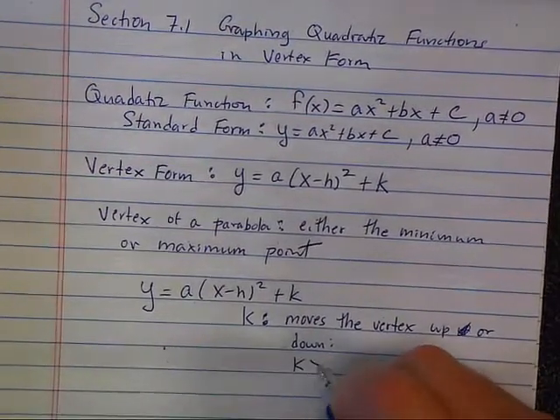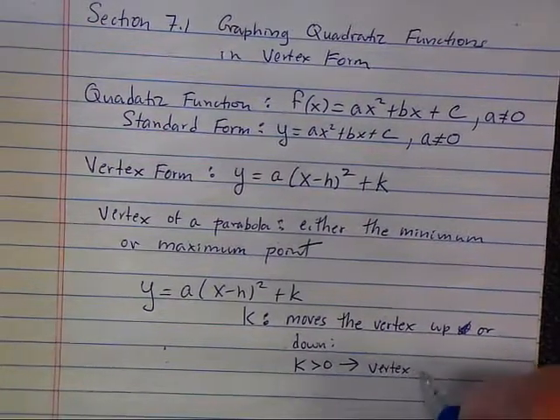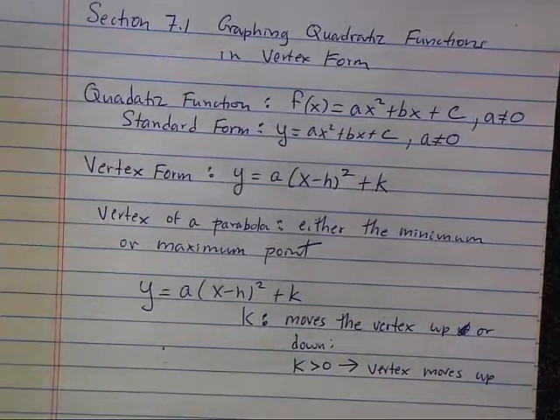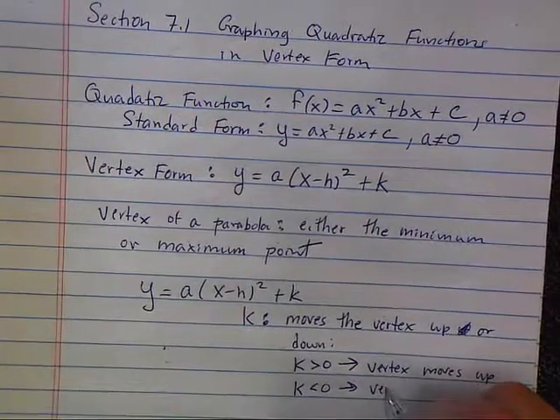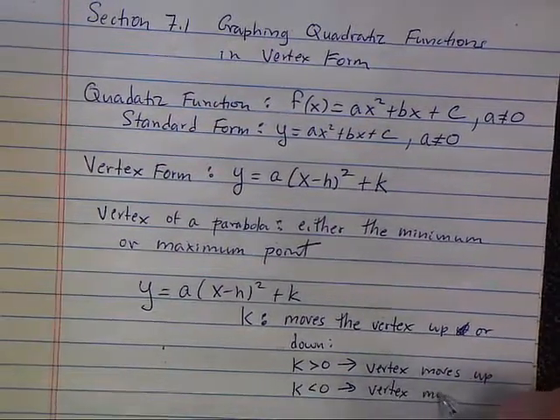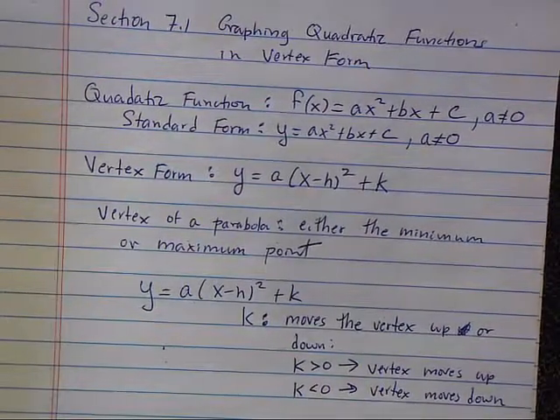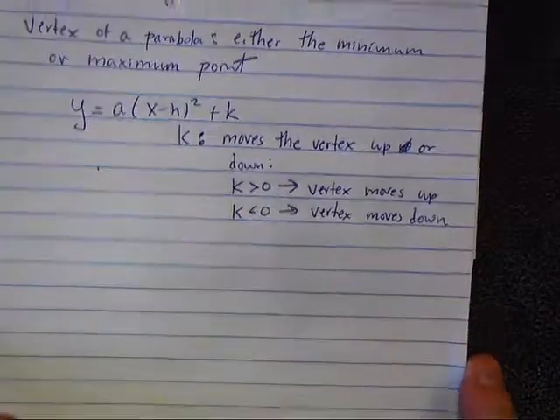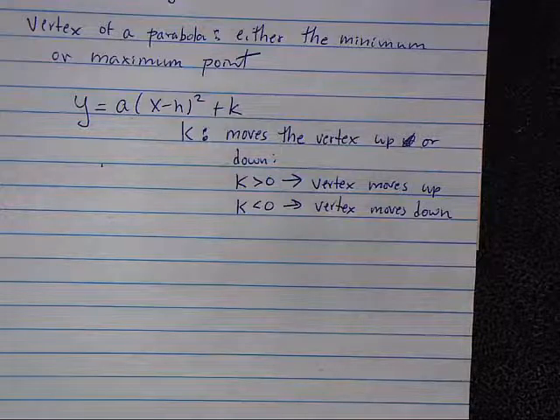If k is positive, the vertex moves up, and of course, once the vertex moves up, the whole rest of the graph moves up with it. And if k is negative, the vertex moves down. All right, so now we know what k does. k controls up and down.